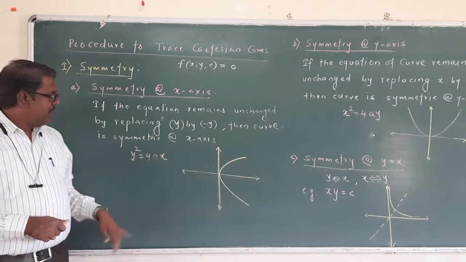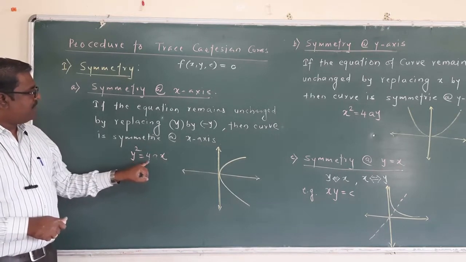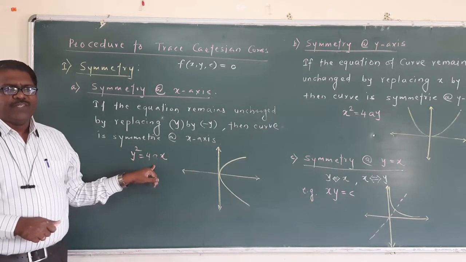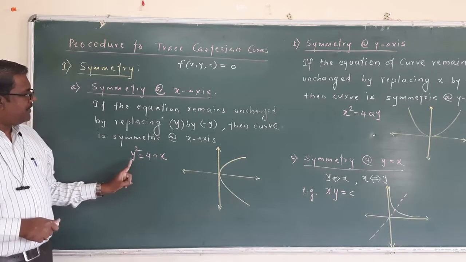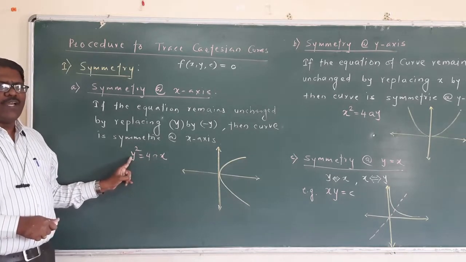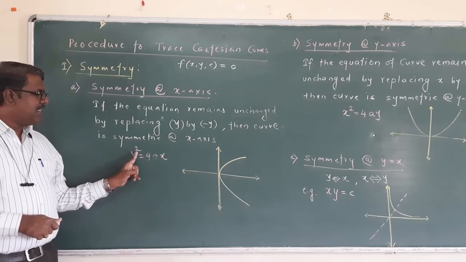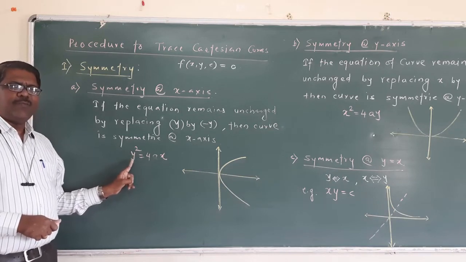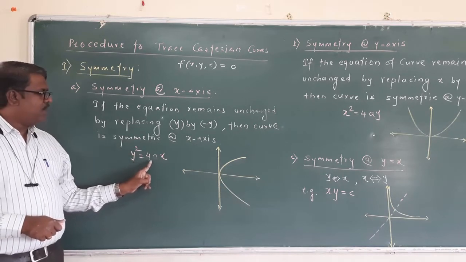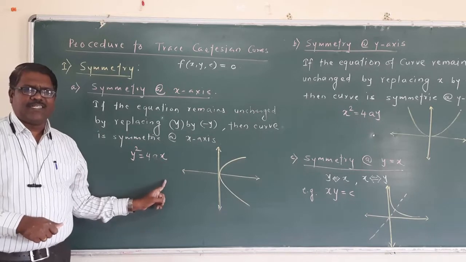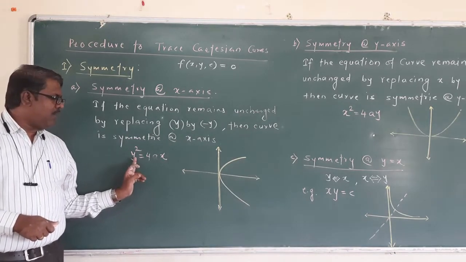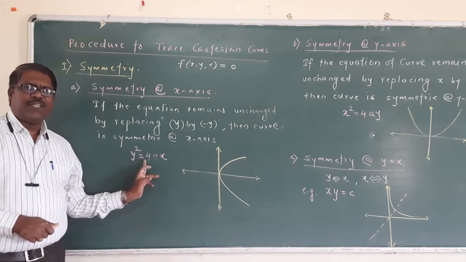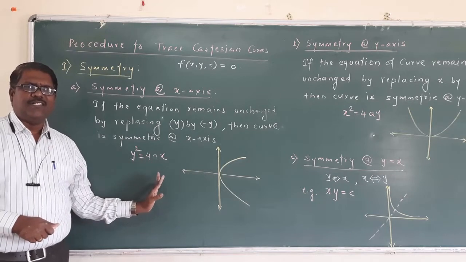For example, here I have written y square is equal to 4x. So friends, if I replace y by minus y, then what will happen? As here in the square, it will remain y square, and then 4x, it will remain as it is. So after replacing y by minus y, this equation remains unchanged.